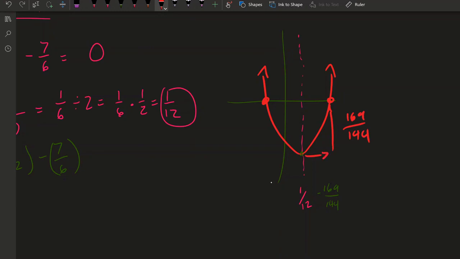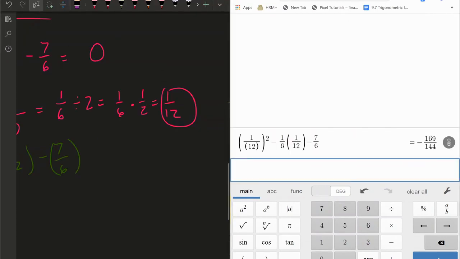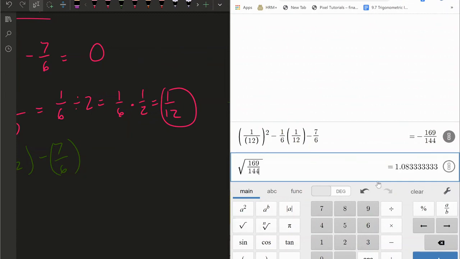So the amount that it goes right is going to be whatever the square root of 169/144 is. Now again, this is where the Desmos calculator kind of shines, because I can do the square root of 169/144, and I get 1.083333, but then if I switch it into a fraction, I see it's going to go to the right 13/12.